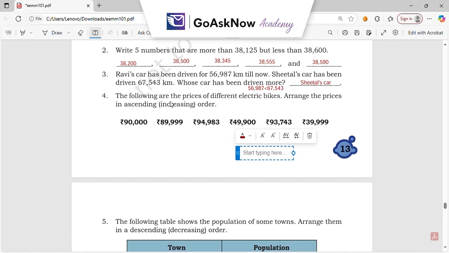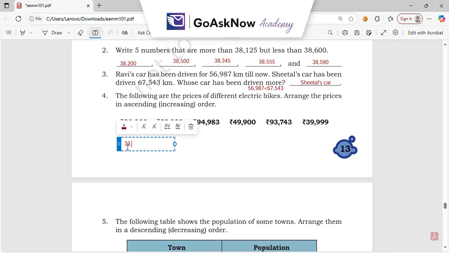Next, the following are the prices of different electric bikes. Arrange the prices in ascending order. Let us arrange them in ascending order. 36,999 is less than 49,000, less than 49,900, less than 89,999, less than 90,999, 93,743, 94,983.